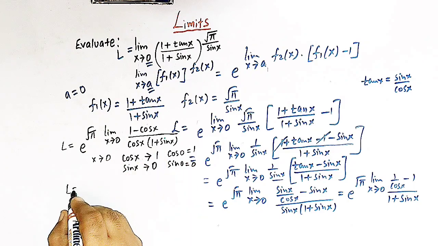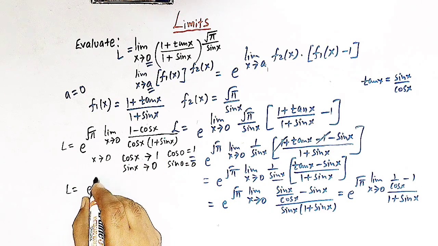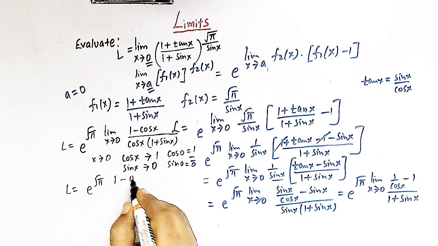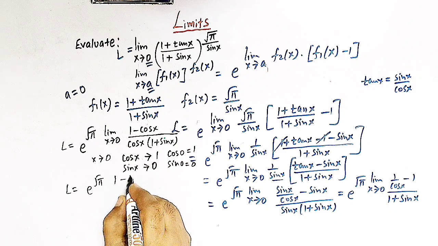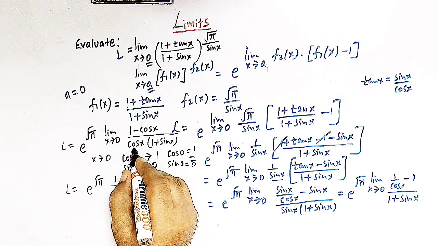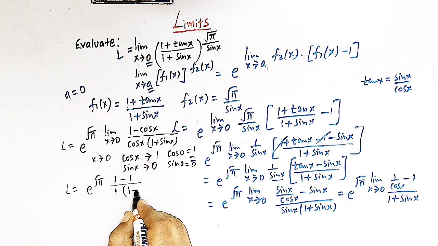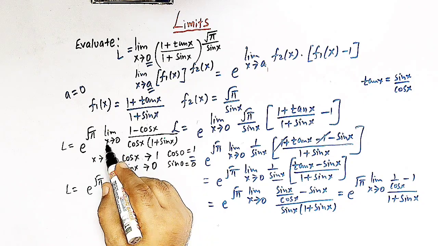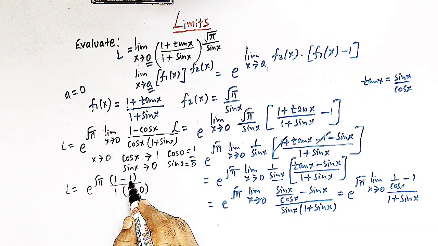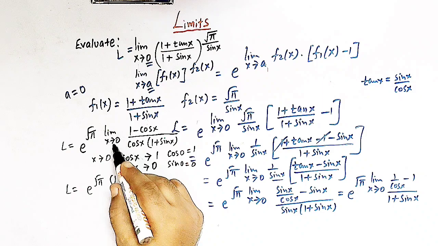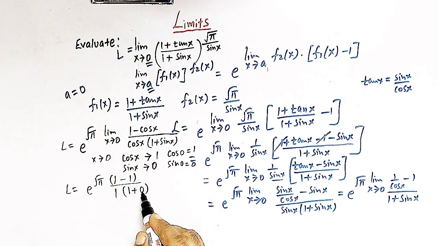So now we can write this limit L as e raised to square root of pi, and see, here we have 1 minus 1, because limit x tends to 0 of cos x is 1, and here we have again 1, and 1 plus 0, right? So limit x tends to 0, cos x is 1, here we have 1, so we have 1 minus 1, and limit x tends to 0, cos x is 1, and limit x tends to 0, sin x is 0.